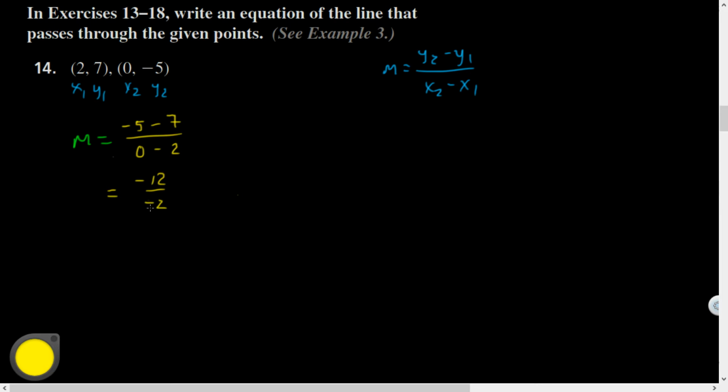Oh dear. Guys, does anyone know how that simplifies? These minus signs, and 12 divided by 2 is what? 6. Yeah, so my slope is 6.